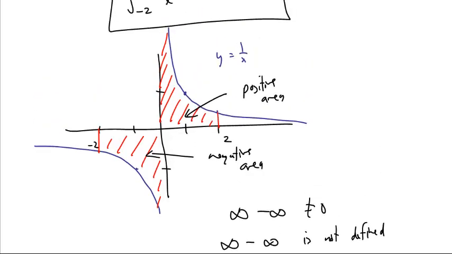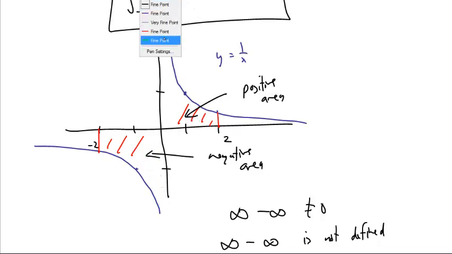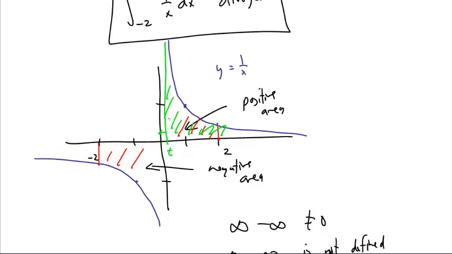What we're really doing here is we are integrating from t to 2, and then we're having t approach 0 from the right.